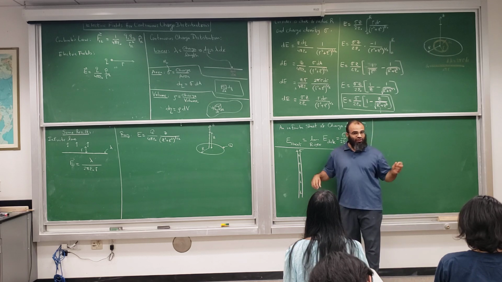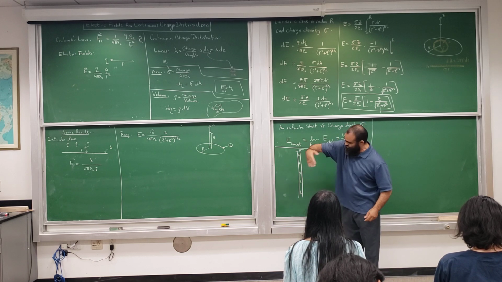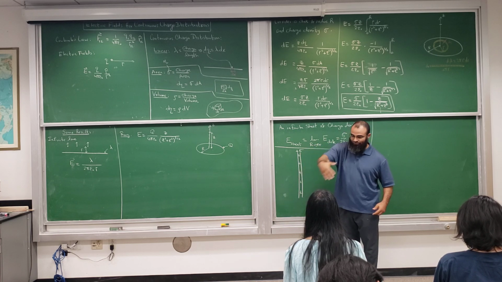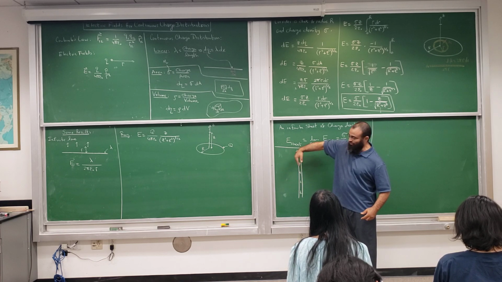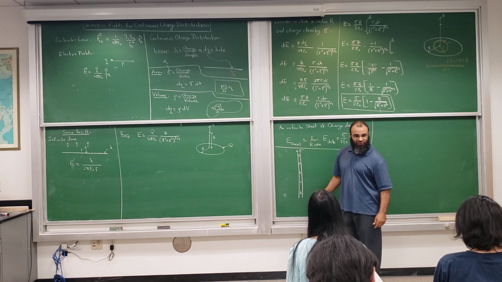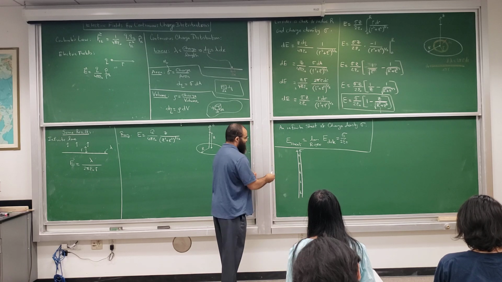Of course the wall is not infinite, but let's assume it is. It extends to infinity this way, back to infinity, and upward. It's a two-dimensional sheet.